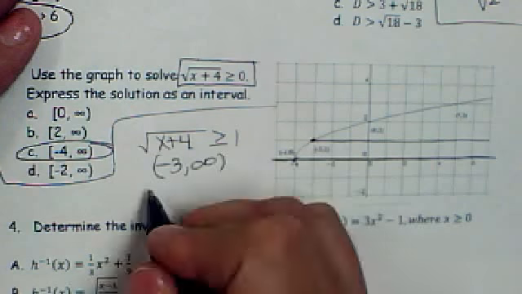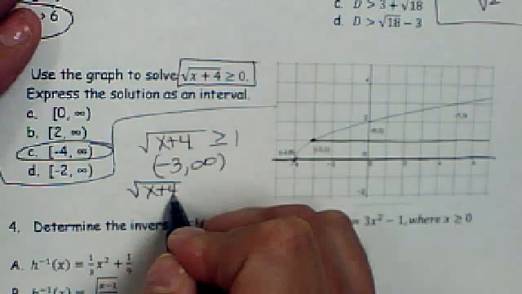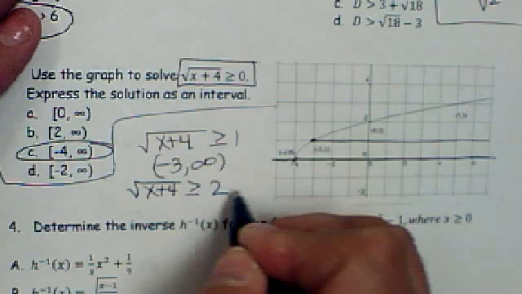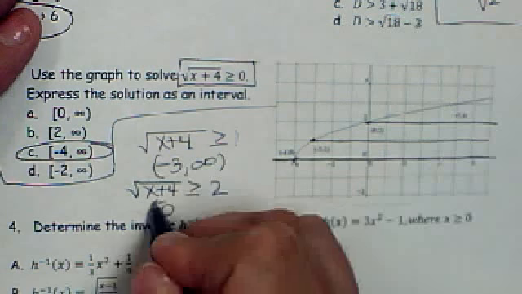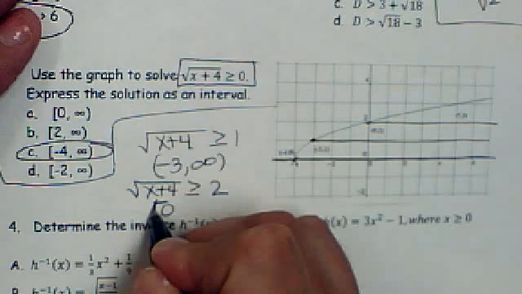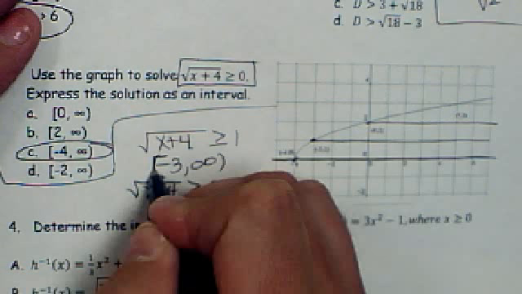If I wanted square root of x plus 4 to be greater than or equal to 2, I find where it's 2 and then everywhere above it, and that would be from 0. Oops, and I should have brackets around that -3. I hope you caught that. From 0 to infinity.